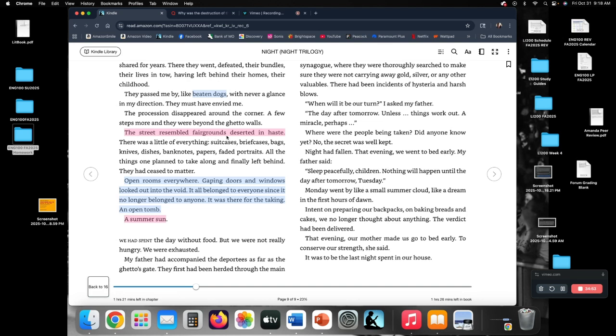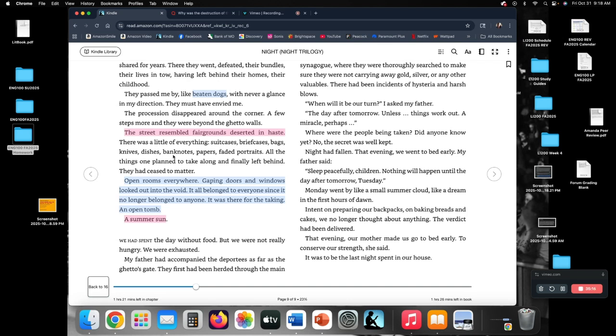Here's another image. The street resembled fairgrounds deserted in haste. And here's another place where Wiesel uses contrast. So this concept of fairgrounds, but right next to everything that was left behind. So fairgrounds, what's left behind? The trash, right? The destruction isn't anything people would want.